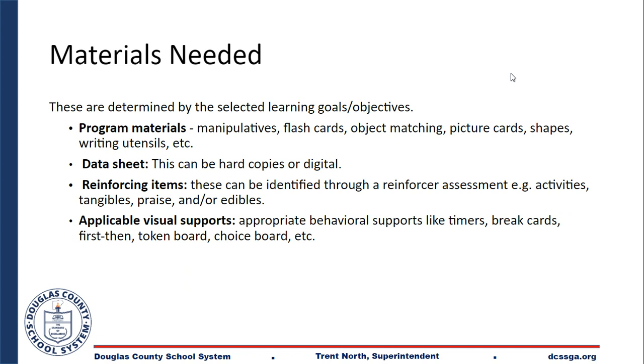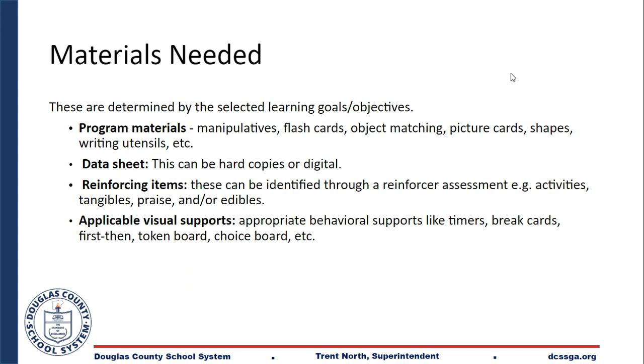You do need some materials for your DTT sessions. So it's important to get these ready beforehand, and they will be determined from the student's IEP. You'll need the program materials such as manipulatives, flashcards, picture cards, writing utensils, anything you need to deliver the instruction. You'll need a data sheet.